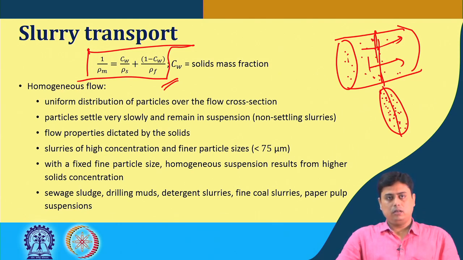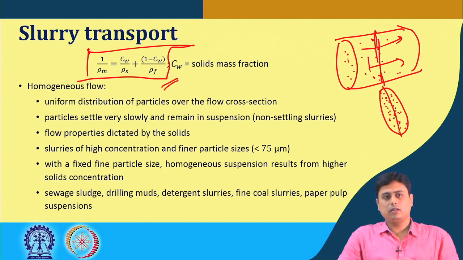If that happens, we typically say this is the homogeneous flow, and the particles should settle very slowly, and as I said, ideally they should remain in suspension. In this category, such slurries are also called non-settling slurries, because by the time it settles, it reaches its destination.